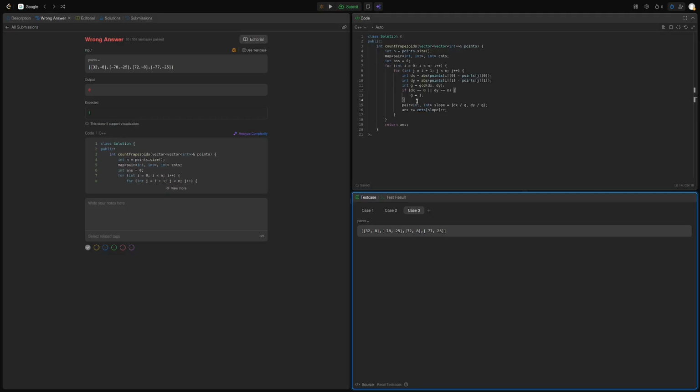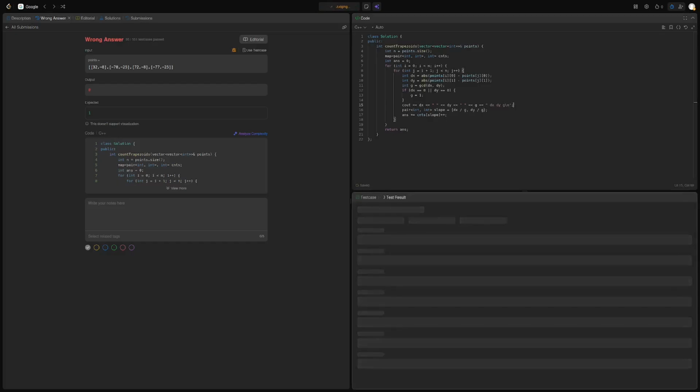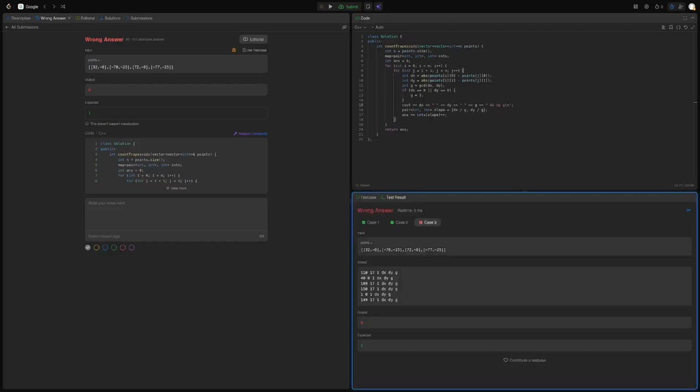Use test case dx dy g. 11017. I mean, how can you make a trapezoid out of this?